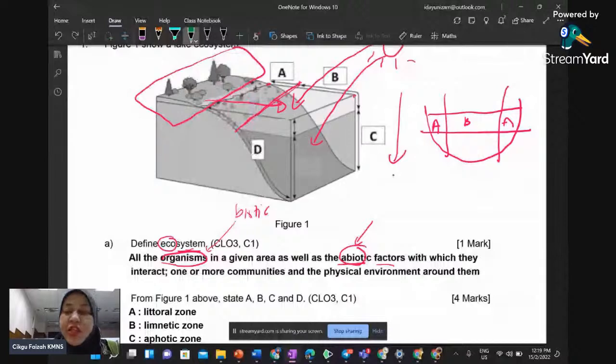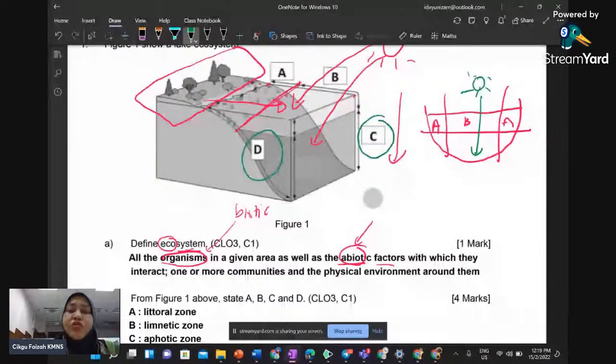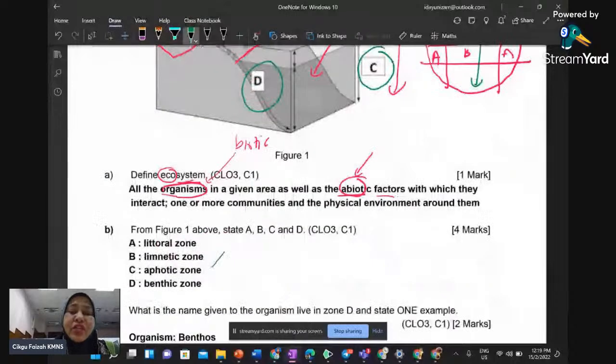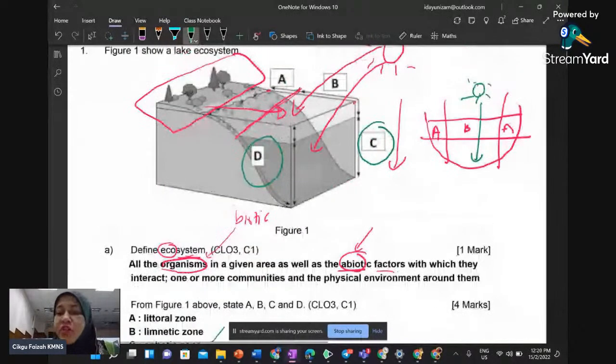The light penetration akan hasilkan C dengan D. So C is aphotic zone, D will be the benthic zone. Benthic zone will be here, kelas, bawah ni D kat sini. Aphotic zone is below the compensation point. So this is C. Alright, done with that.